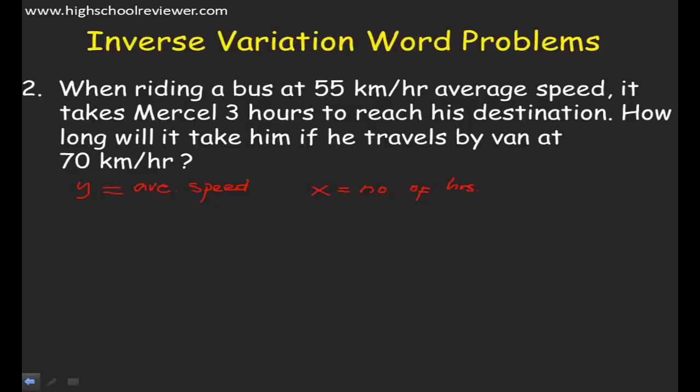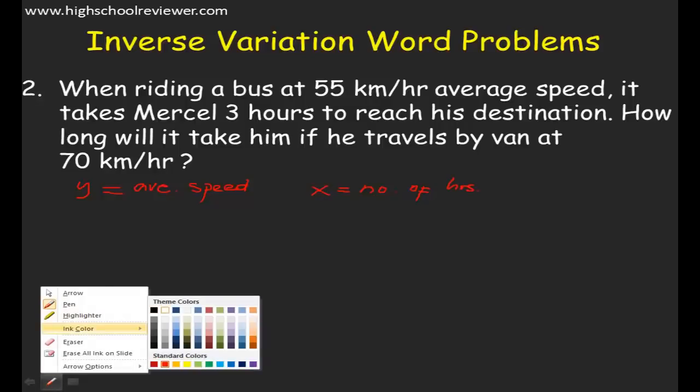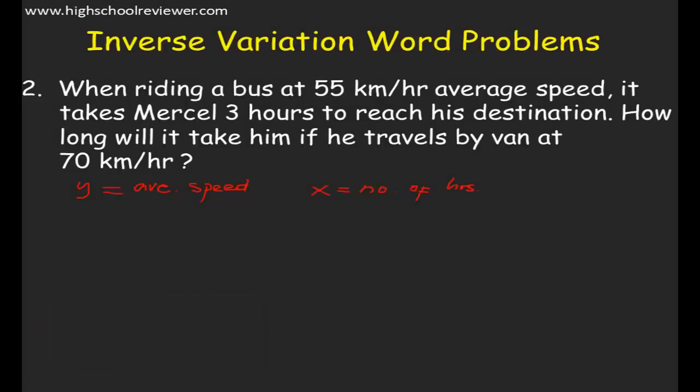So we will get the initial values of Y and X. In the problem, it states that it takes Marcel 3 hours to reach his destination at an average speed of 55 kilometers per hour. So our equation will be Y multiplied by X equals K, since this is an inverse variation problem.